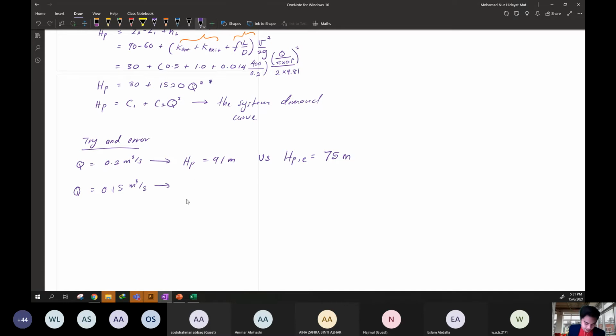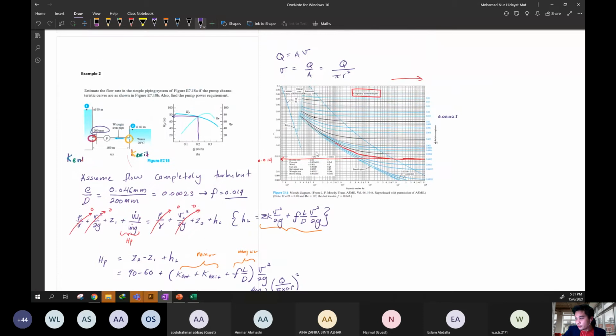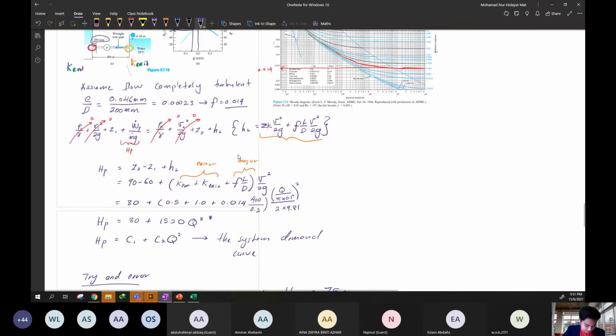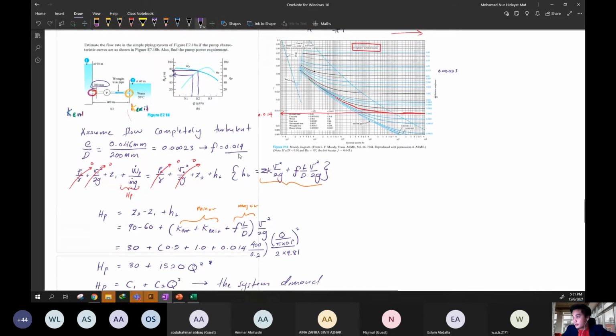Okay, you will find the head of pump to be 64 meter, versus 0.15 on this chart. Okay, it is to be 75. Sorry, pump.